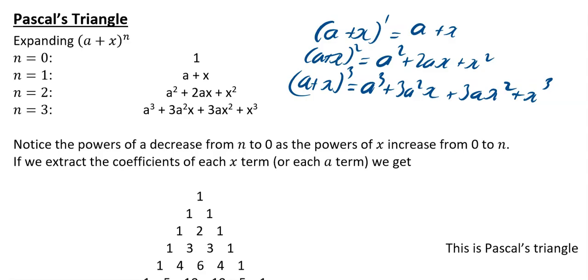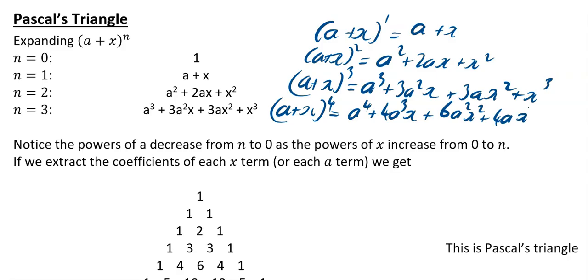Now if you went on to the next one, (a + x) to the power 4, you would get a to the power 4 + 4a cubed x + 6a squared x squared + 4a x cubed + x to the power of 4.